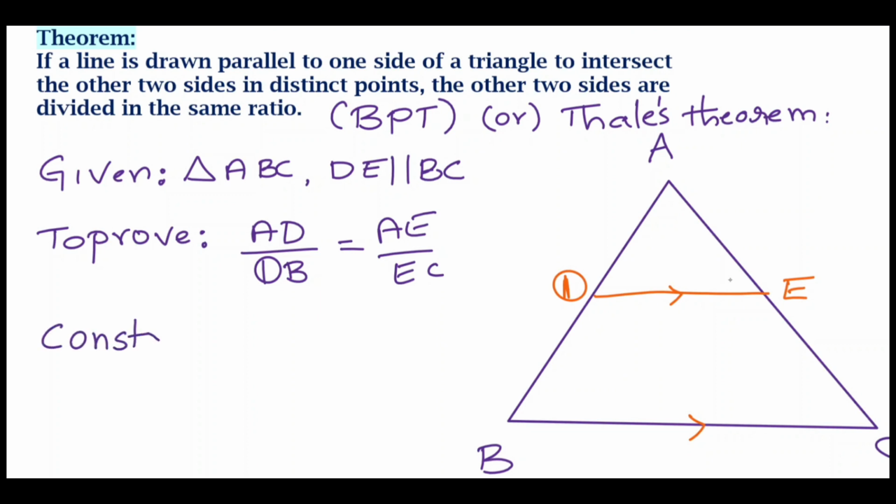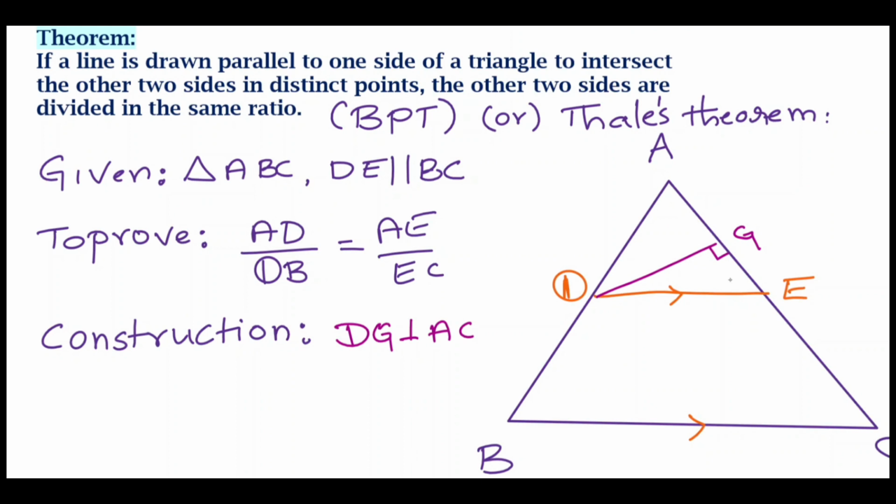Construction: I'm going to construct a line DG, which is perpendicular to AC. This is one construction.